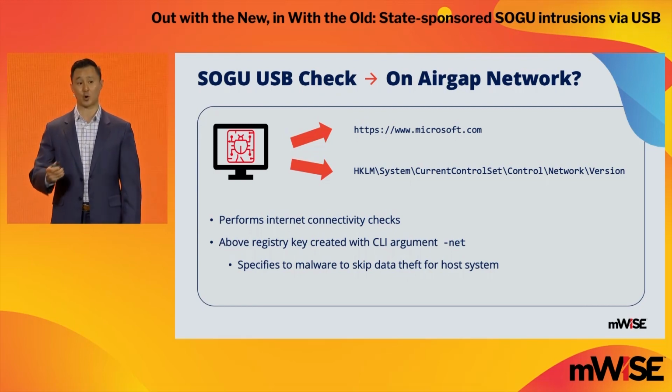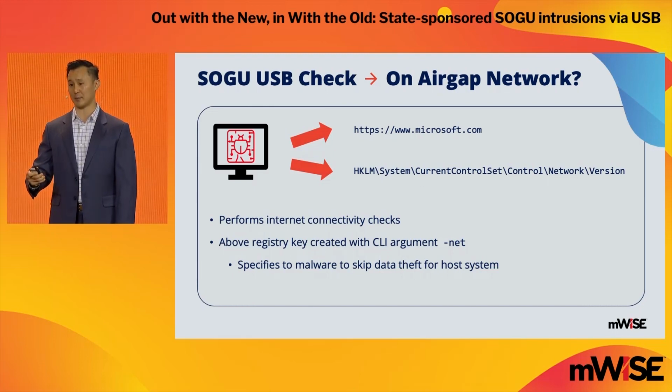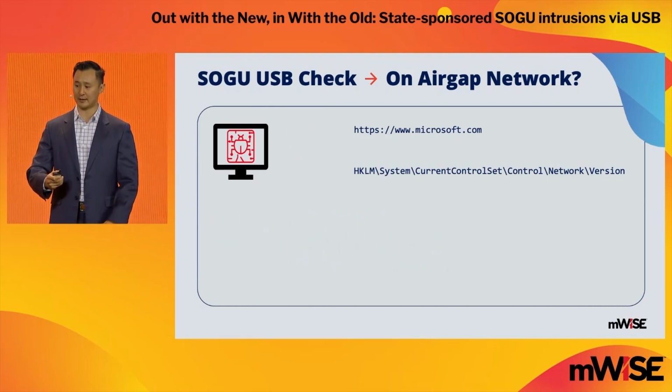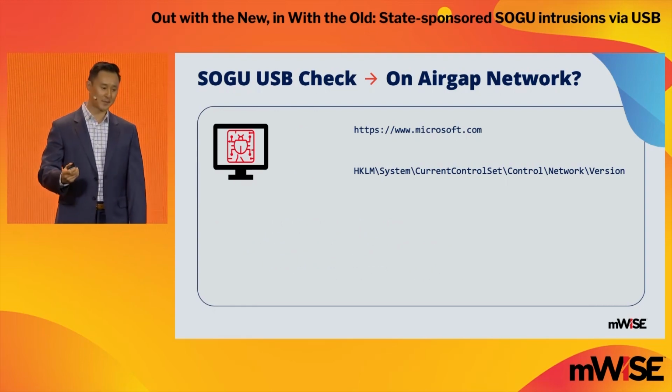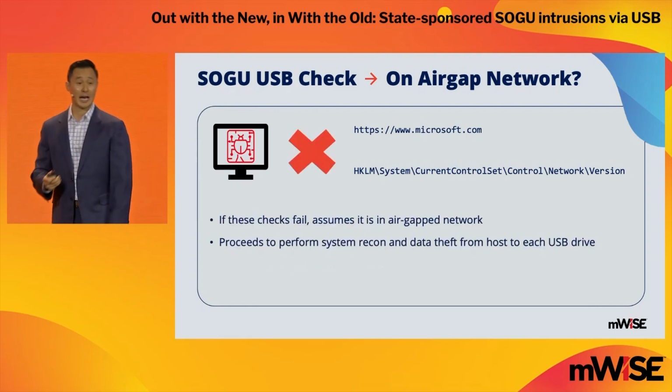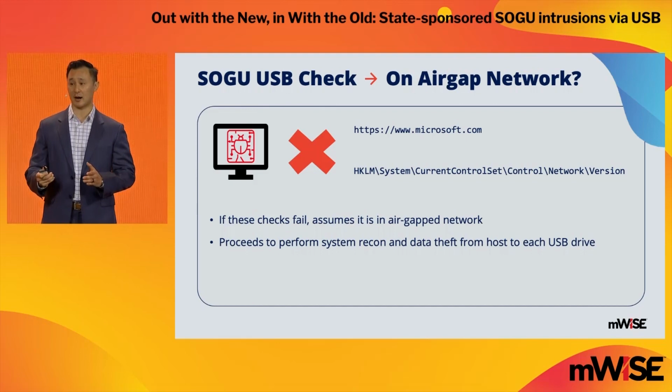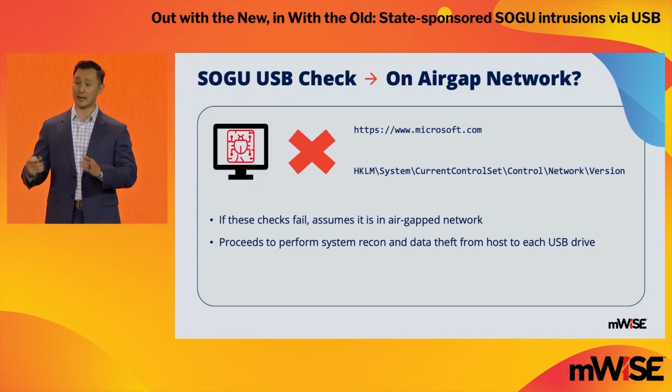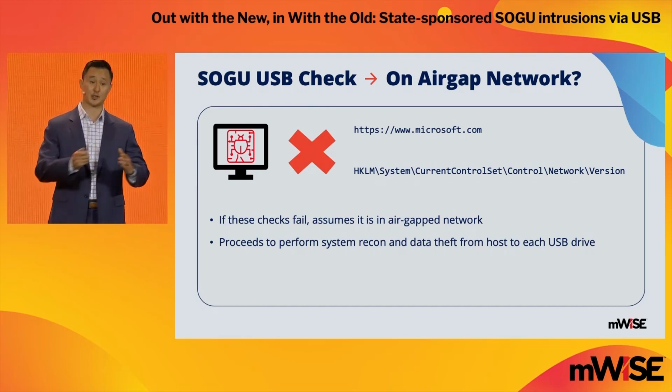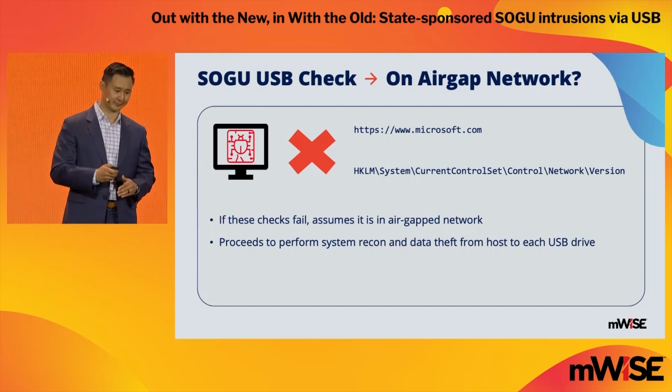And that registry key is only going to be there if the malware was executed with a specific command line argument. If these checks fail, it assumes it's on an air-gapped network, and it performs system recon and data theft of files on that air-gapped system, copying into each USB drive.